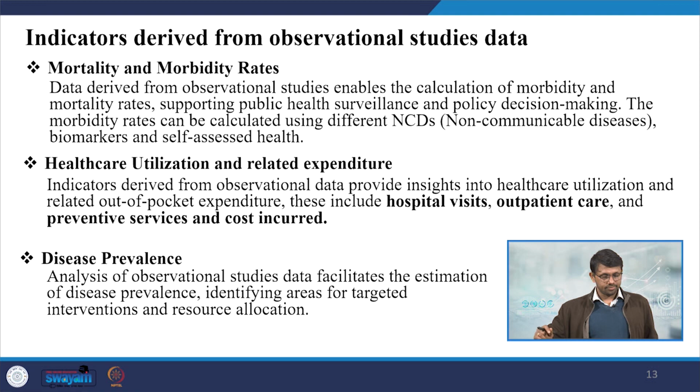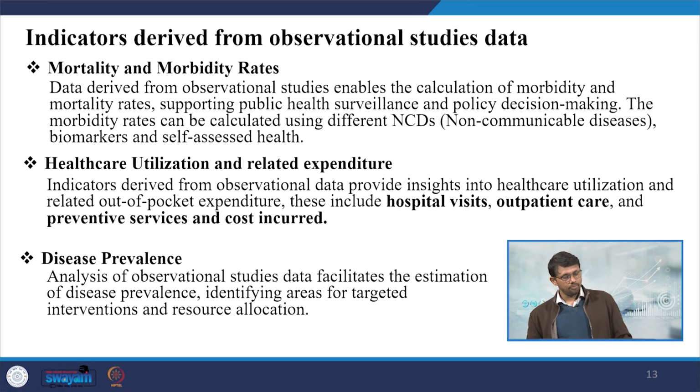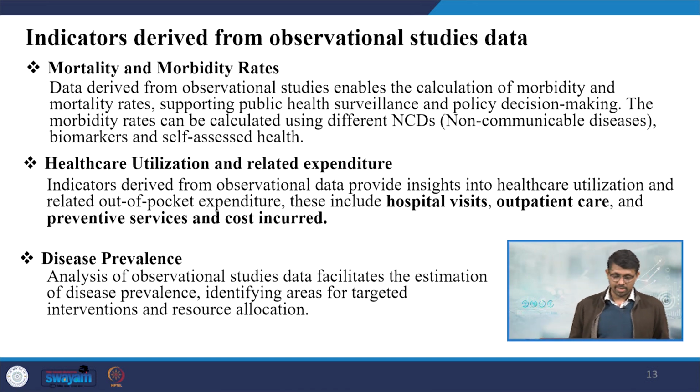Besides that, the indicators derived from observational studies data include mortality, morbidity rates, healthcare utilization and related expenditures, and disease prevalence. Within mortality, we will have complete coverage on non-communicable diseases, biomarkers, and public health.